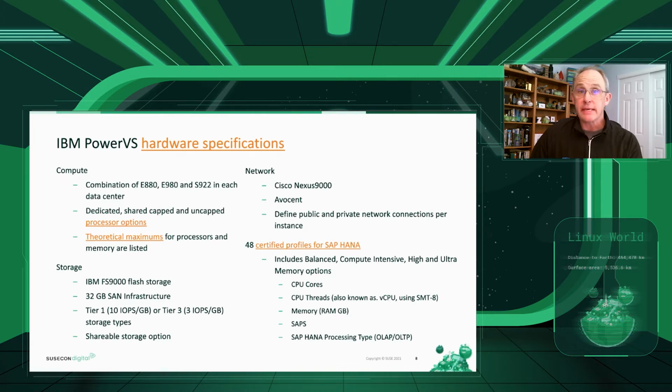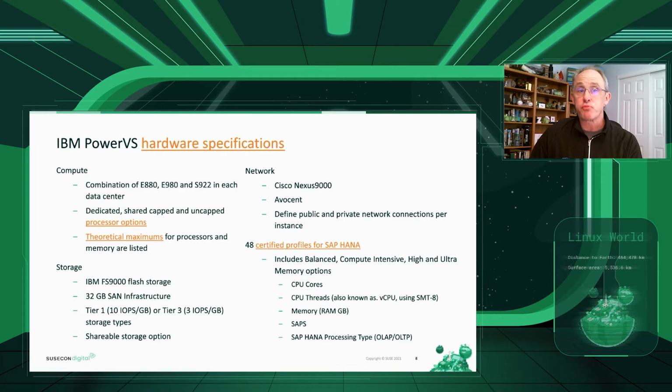There are dedicated and shared processor options. The dedicated processors are priced the highest as they provide the best overall performance. Shared capped processors cost slightly more than shared uncapped processors because of their flexibility in addressing licensing restrictions.